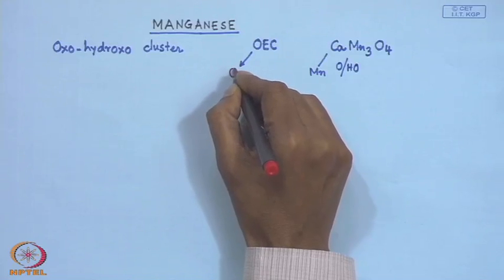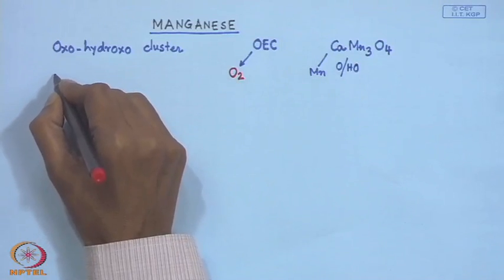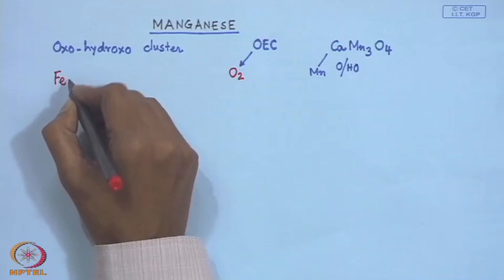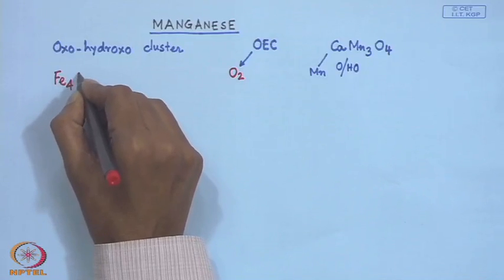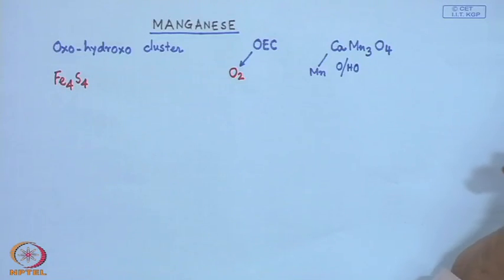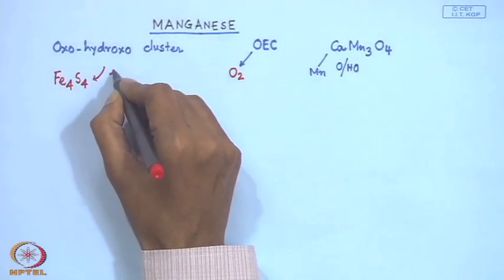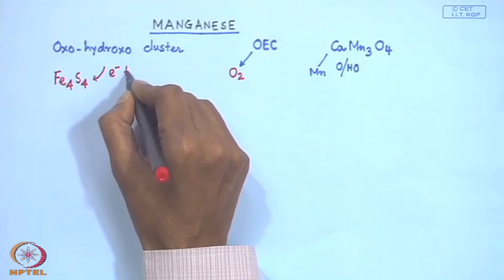So, it is a completely different structure and reactivity compared to the well known system, our ferredoxin system. In case of ferredoxin molecules, they serve the purpose of only electron transfer.